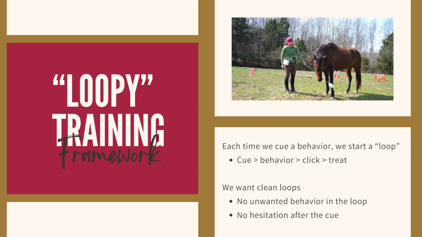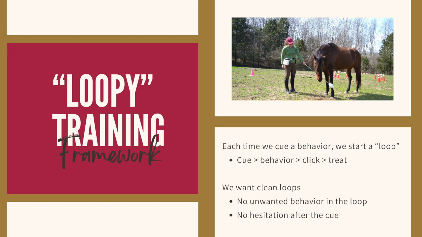So when we're talking about loopy training, I think about every time we cue a behavior, we're initiating a loop. So we cue, the behavior happens, we click, and then we deliver reinforcement, and then the cycle begins again.